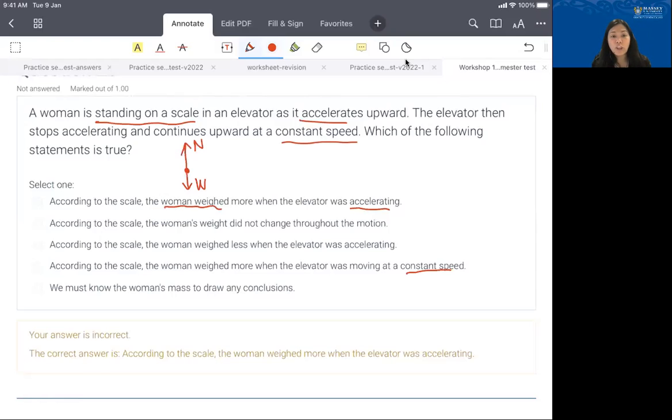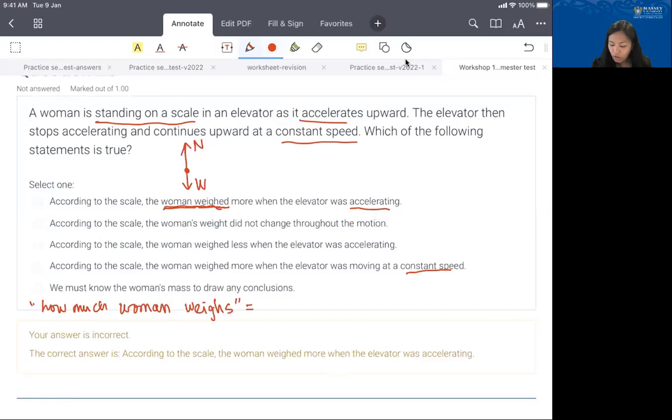The tricky thing here is that the number you read on the scale when you're standing on it is actually the normal force. So when you say how much the woman weighs, you are actually looking at the normal force.